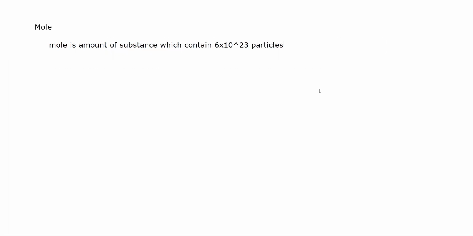So an amount of substance which contains 6 exponent 23 particles, we call that a mole of a substance, or 1 mole of a substance. So whenever you have 1 mole of any substance, it will always have 6 exponent 23 particles.